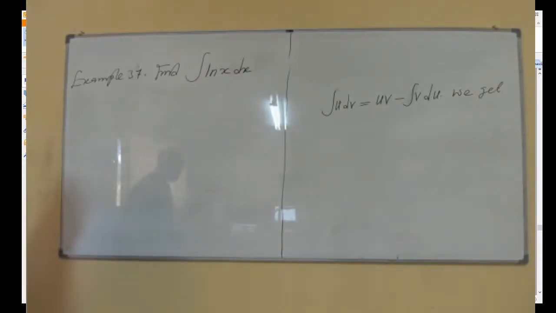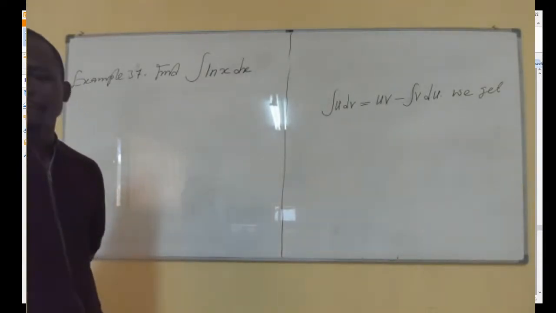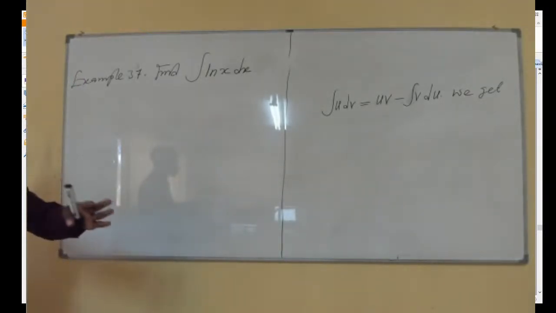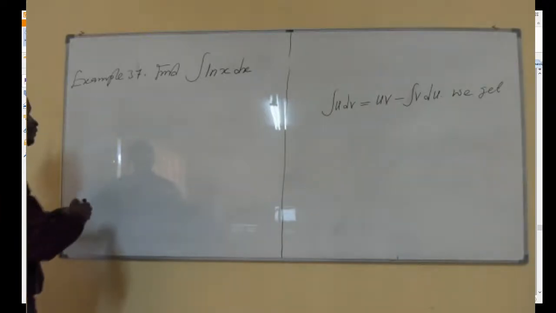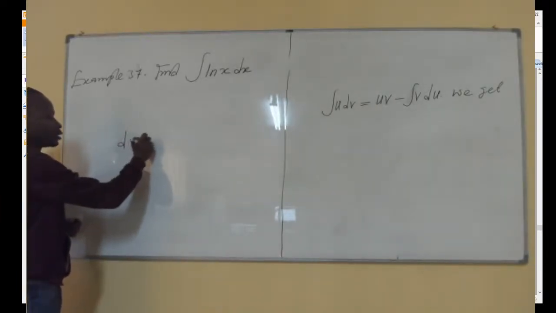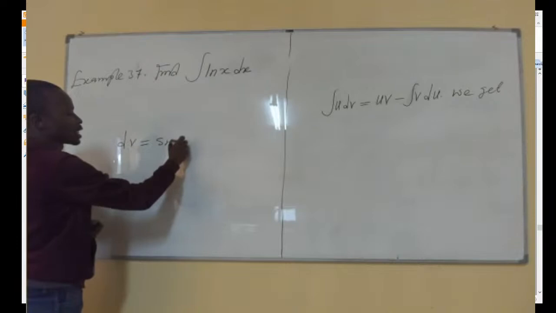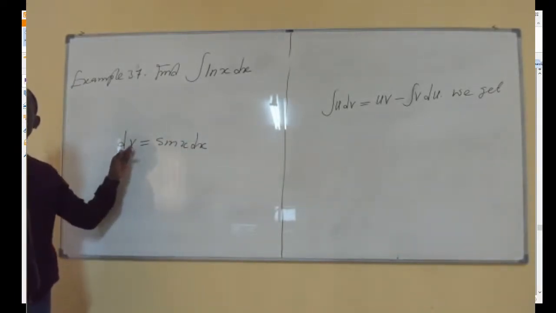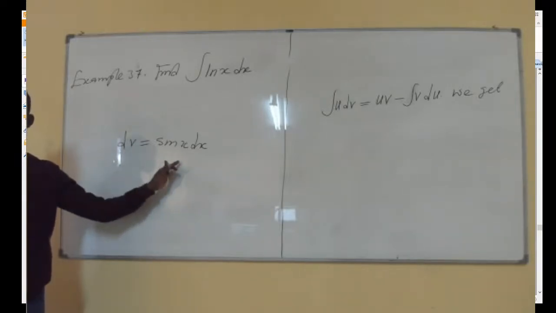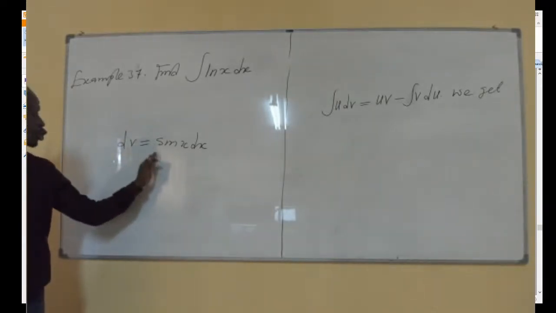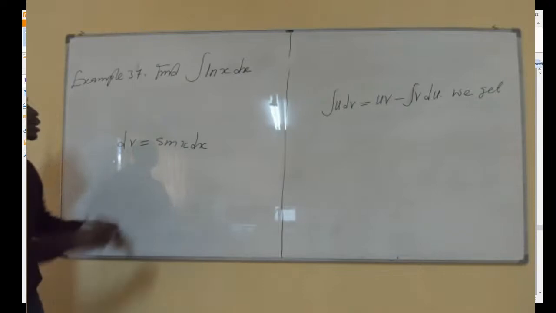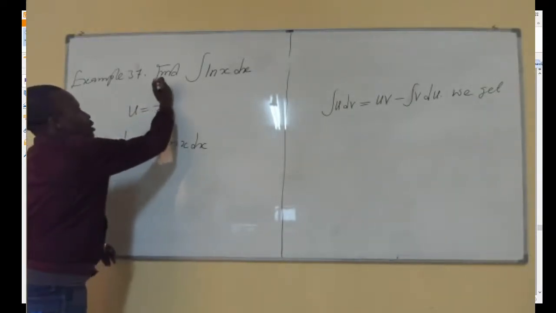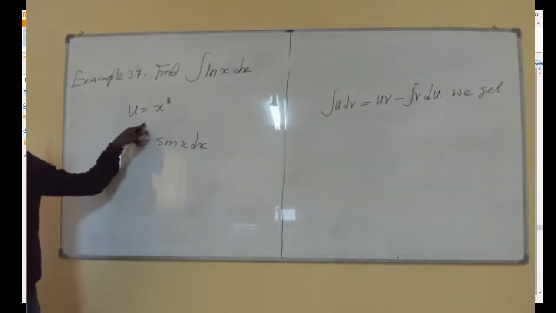So the v is equal to the negative of cosine x because when you have your dv, which is equal to sine x dx, you need to find your v from this term. So to find your v, you need to integrate this. When you have your u, which was equal to x, you need to find your du from this term.